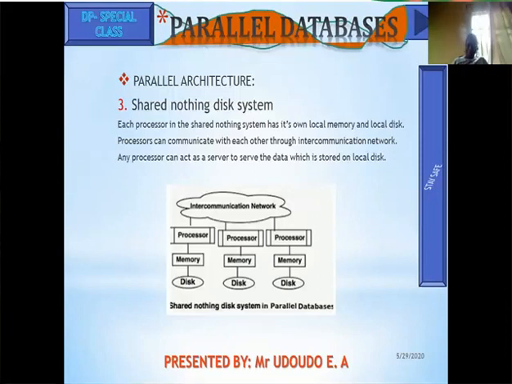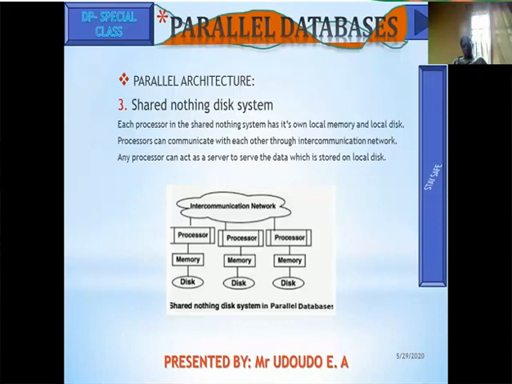And somebody in Lagos will be doing a similar thing with a different branch without any issue. The person here does not know what is happening there, but it's the same bank. Are you with me now? This is what we are talking about.